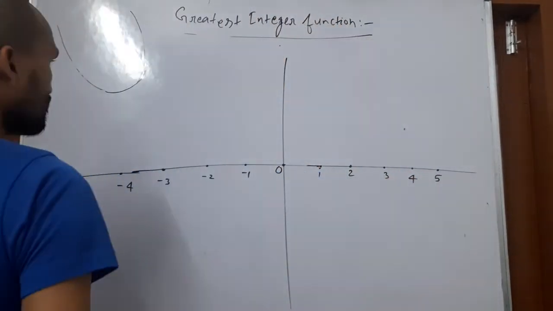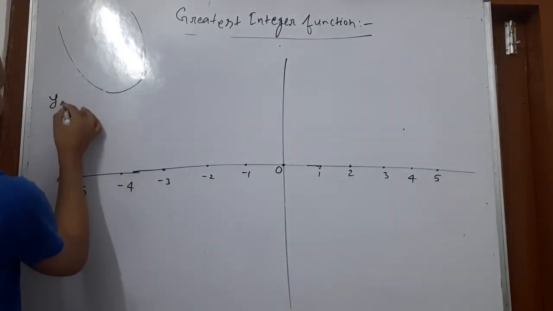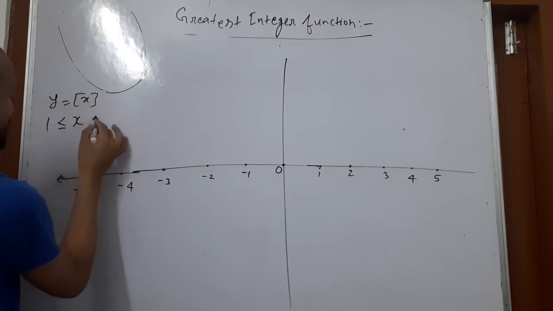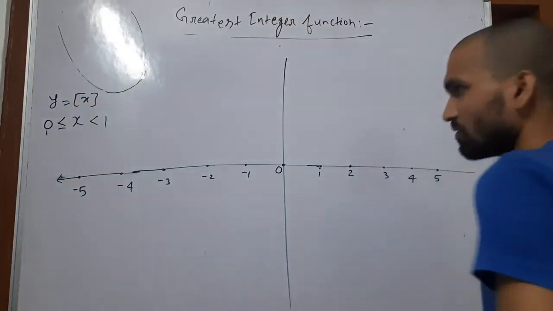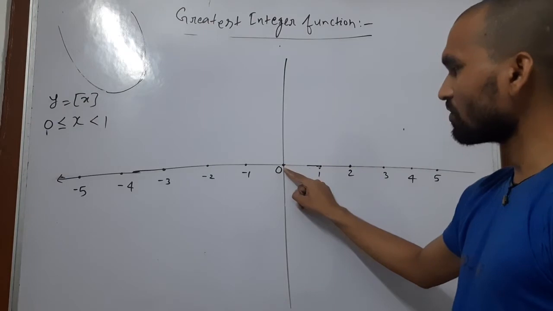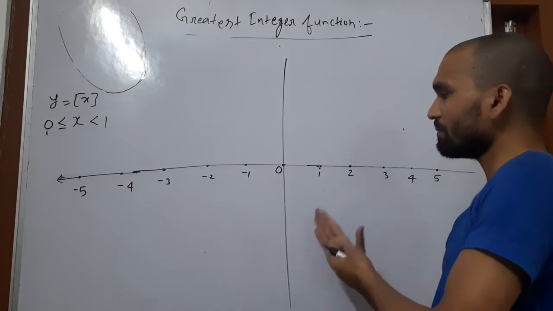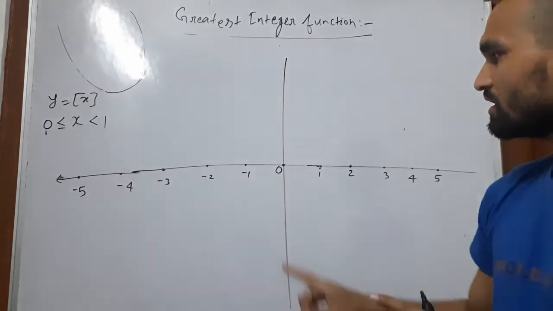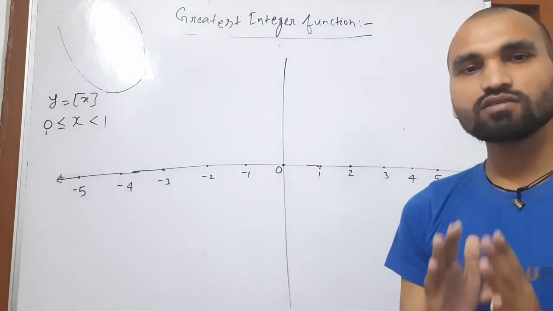So y is equal to greatest integer x, when x is from 0 and before 1, what will be the value? When x is 0, y is 0, and for any value of x before 1, y will also be 0. So starting from 0 and before 1, y will always be 0.